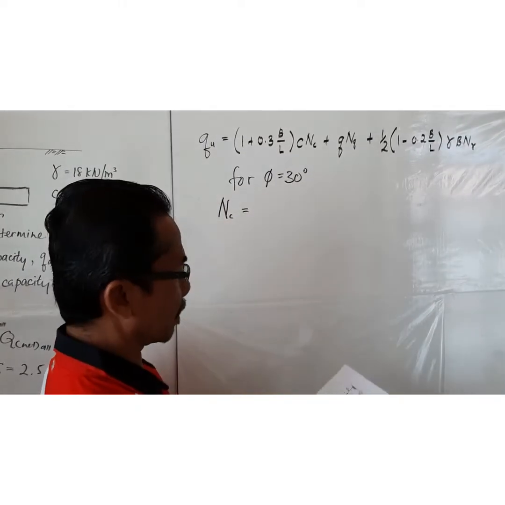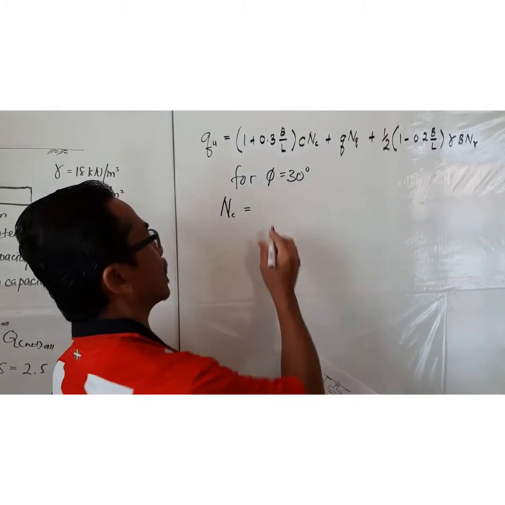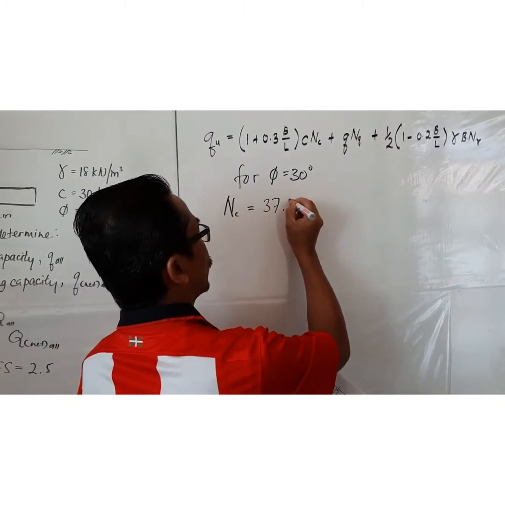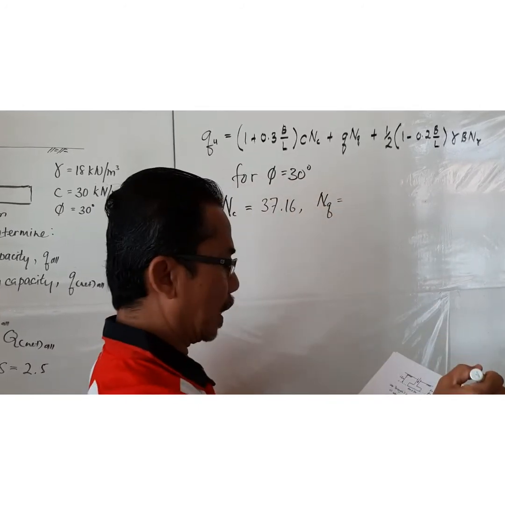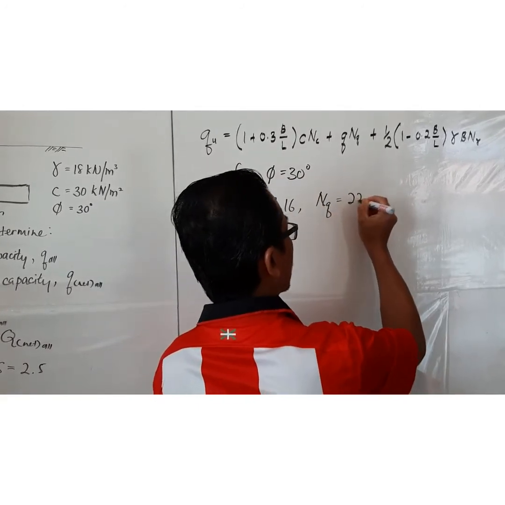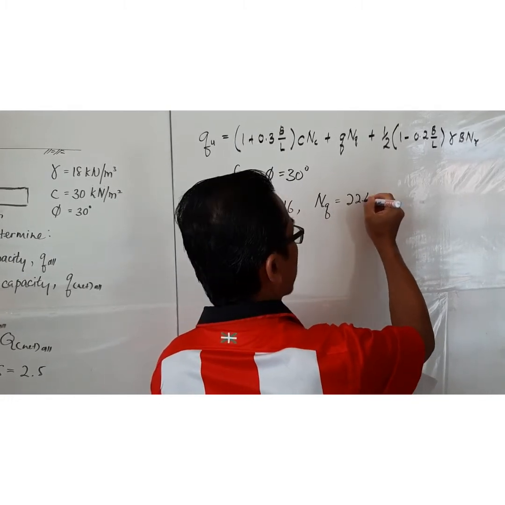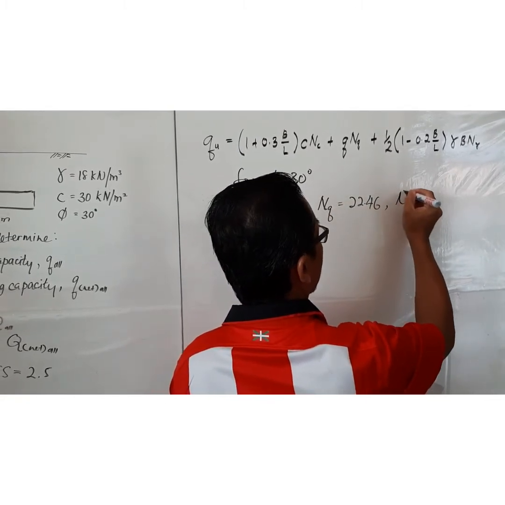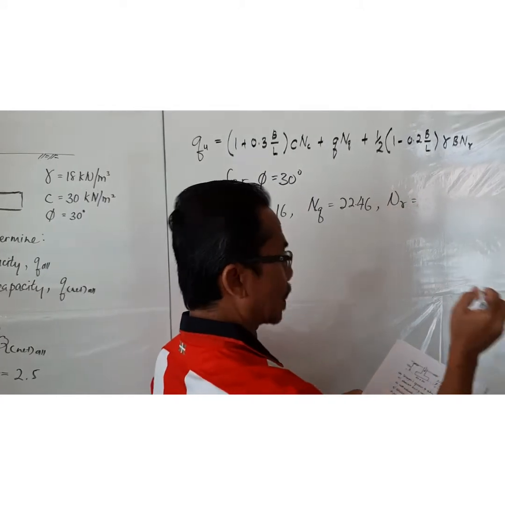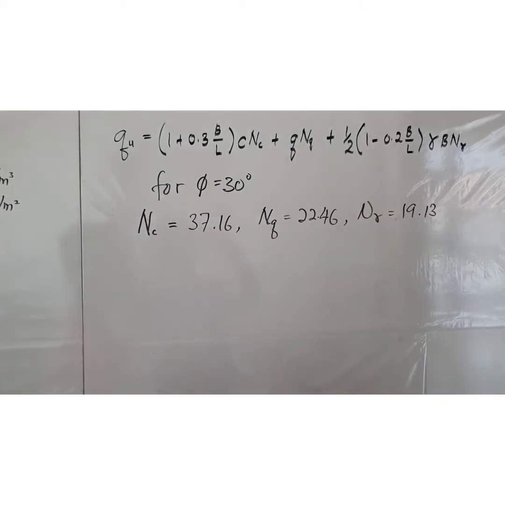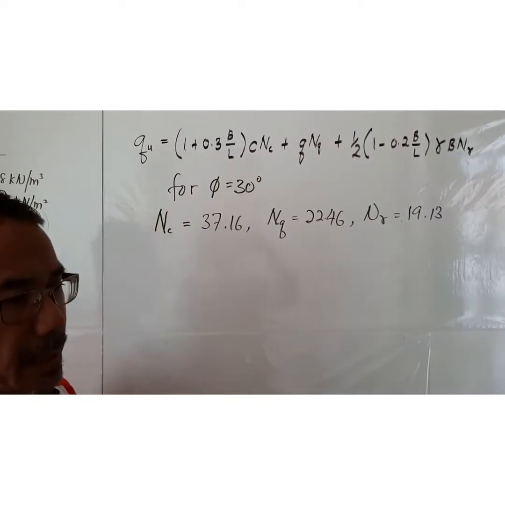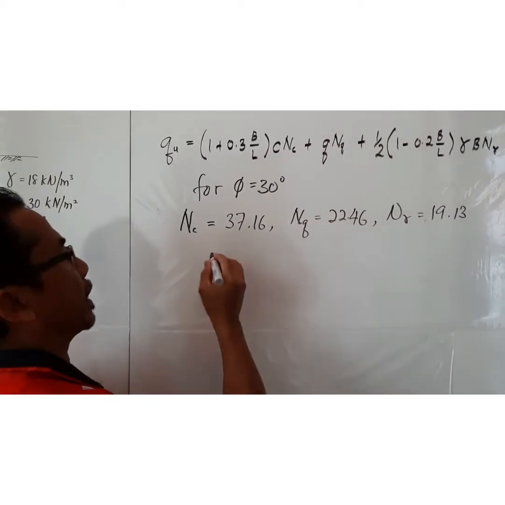For friction angle 30 degrees, N sub c equal to 37.16, N sub q equal to 22.46, and N sub gamma equals 19.13.